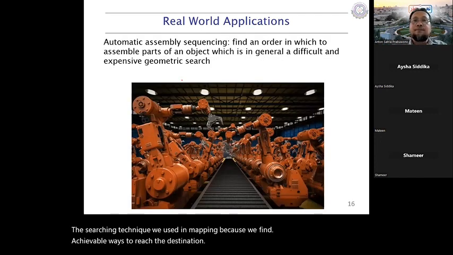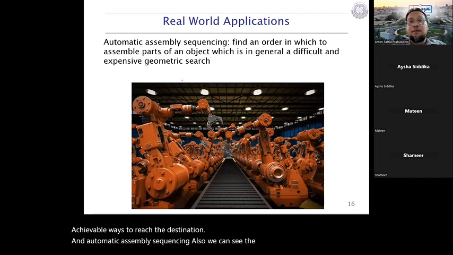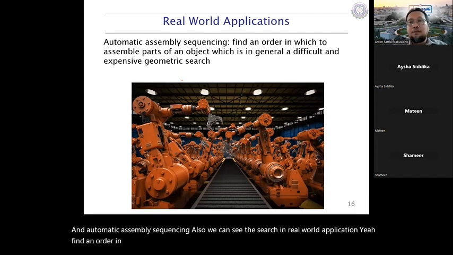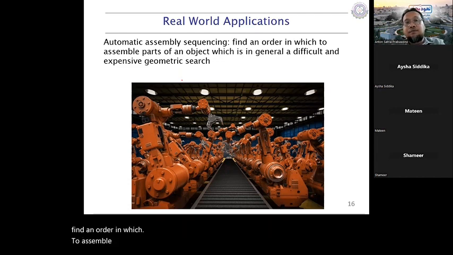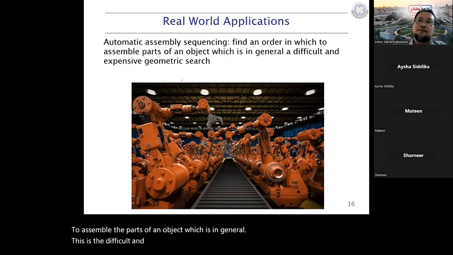And automatic assembly sequencing, also, we can see search in real world application. Find an order in which to assemble the parts of an object, which in general is a difficult and expensive task, or geometric search.